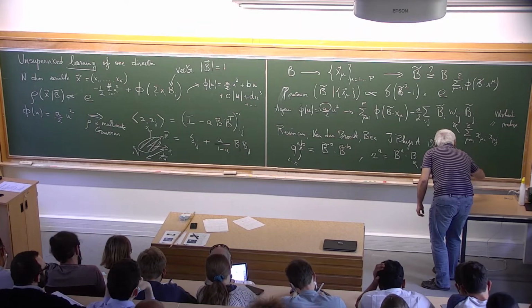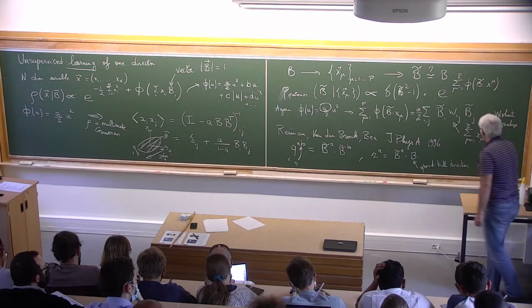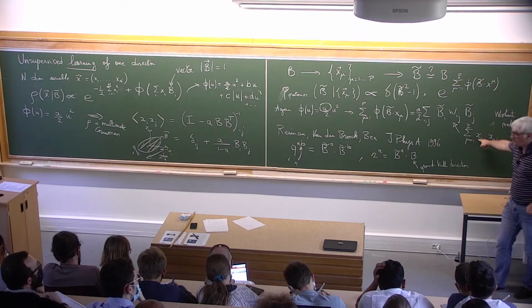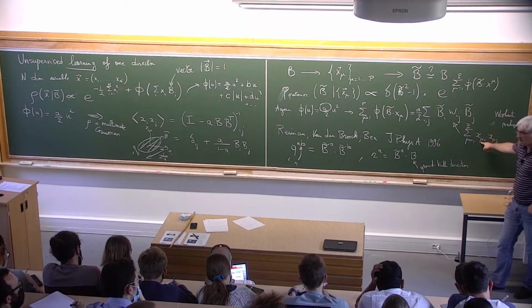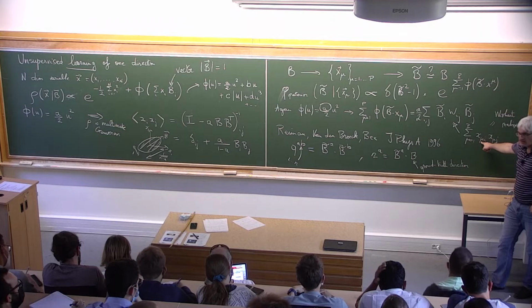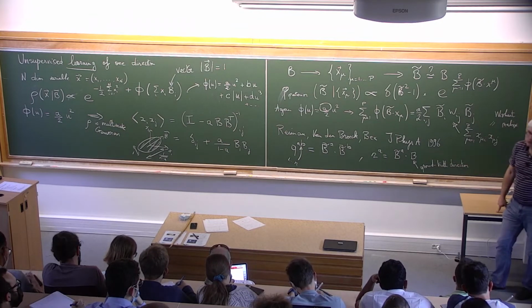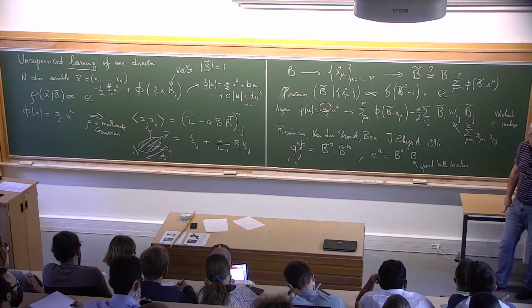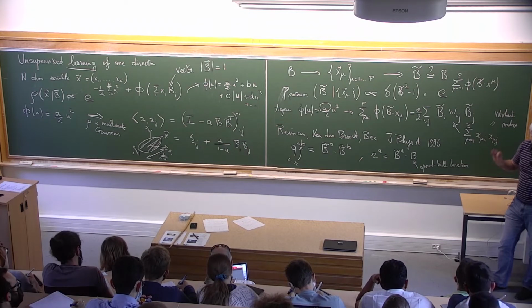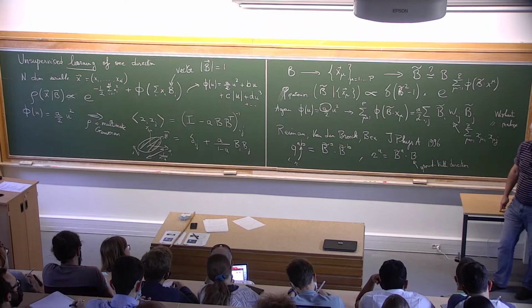I mean, it's pretty obvious that that should appear, right? Because when I average over the quench degrees of freedom, which are the axes, let's say W, the distribution of the axes depends on B. So B will appear somewhere, and it appears through the dot product with the replicas. Okay?